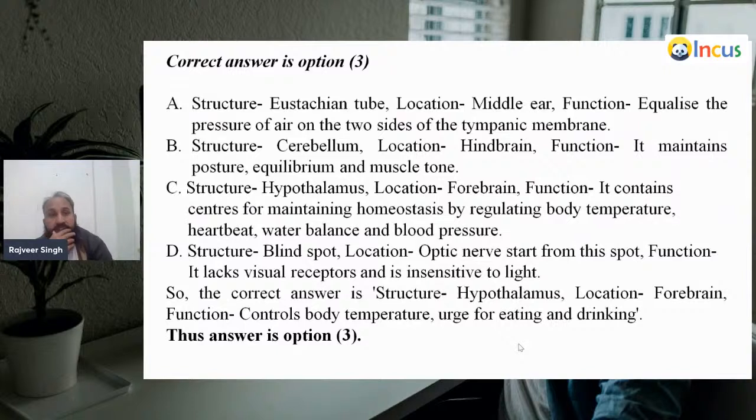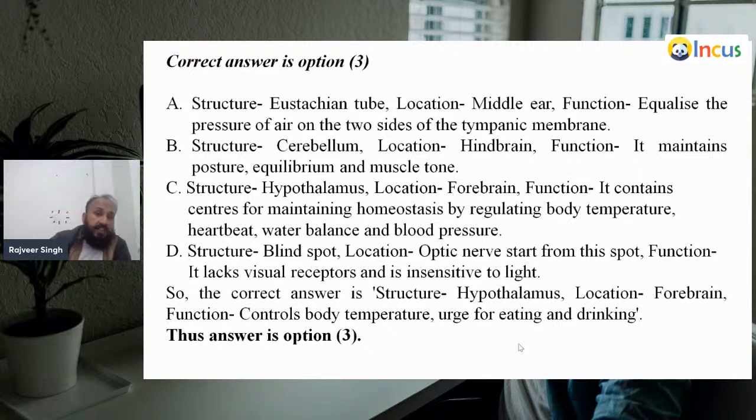First of all, structure of the eustachian tube. Location, middle ear. Function, equalize the pressure of air on the two sides of the tympanic membrane. So I hope you understand why this option is wrong. Second, the structure is the cerebellum. Location, hindbrain. Function, it maintains posture, equilibrium and muscle tone. Third, hypothalamus, location forebrain.